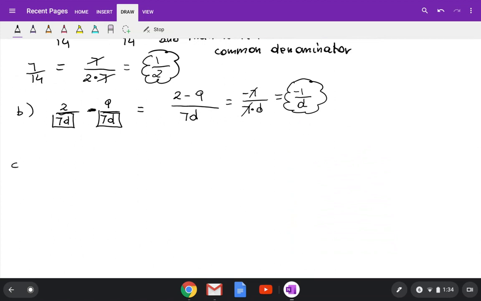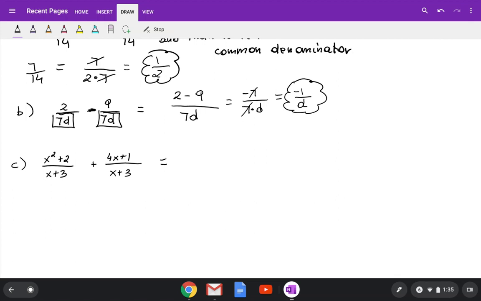Let's do example C. In C, we have x squared plus 2 over x plus 3 plus 4x plus 1 over x plus 3. So we have two rational expressions.